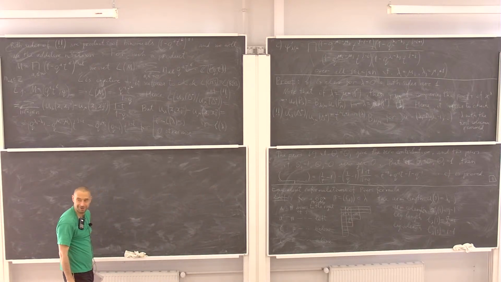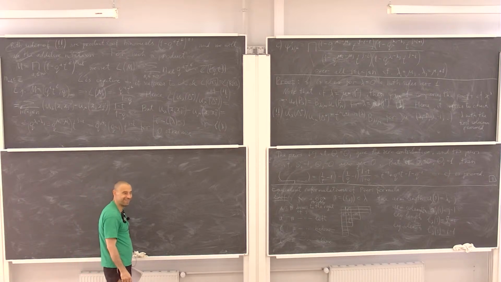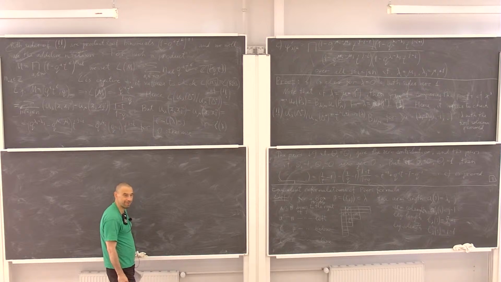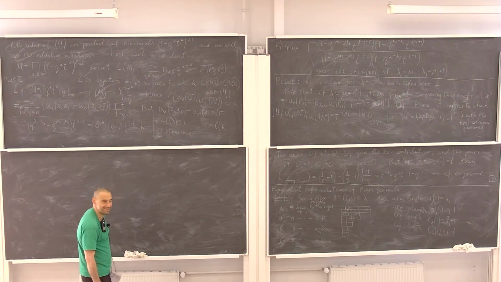Do you know what is this Hirsch index? Well, you have papers, and each paper has a certain number of citations. And you obtain a Young diagram. The most cited paper, the next one, and so on, with the number of citations. And then you just compute the length of the diagonal. This is the Hirsch index.